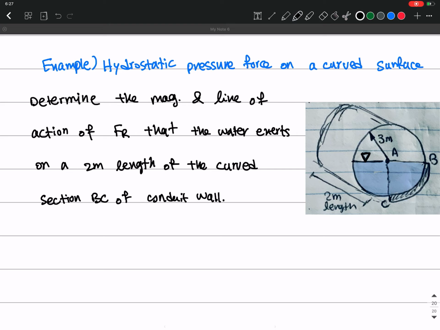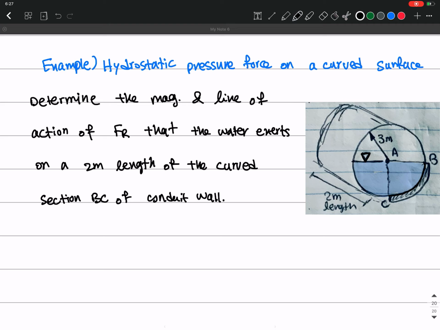And so I want to calculate the hydrostatic force that is applied to this section, okay? 2-meter length of this section, okay?